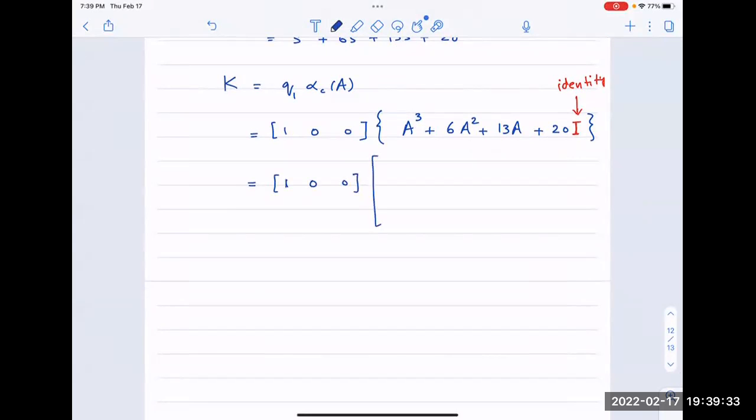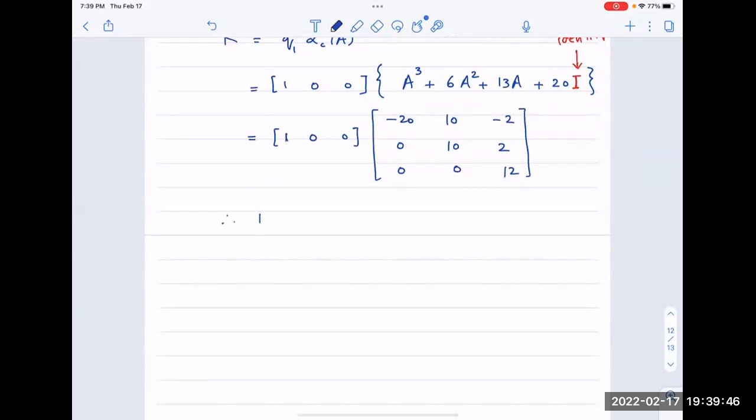So this turns out to be minus 20, 10, minus 2, 0, 10, 2, and 0, 0, 12. Okay, so K, if you evaluate this, turns out to be minus 20, 10, and minus 2.